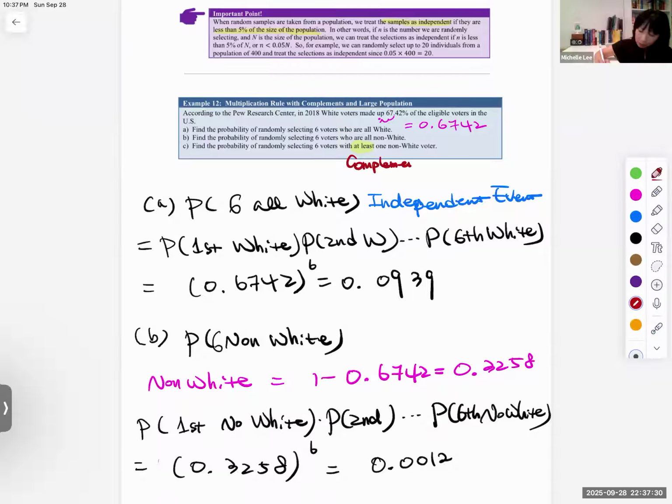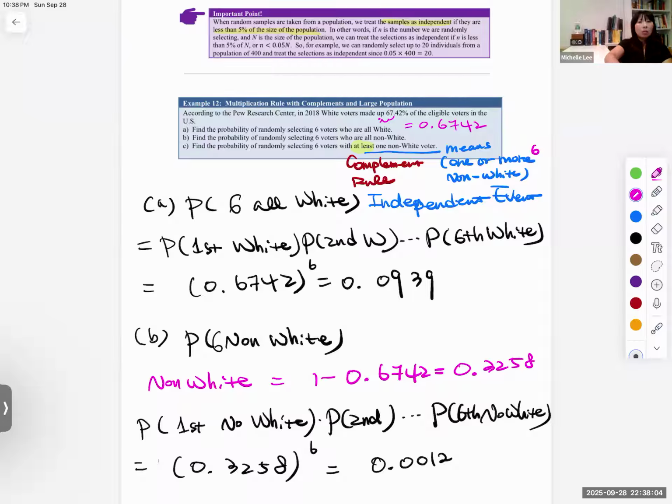So at least one means one or more non-white voter, up to 6 people.